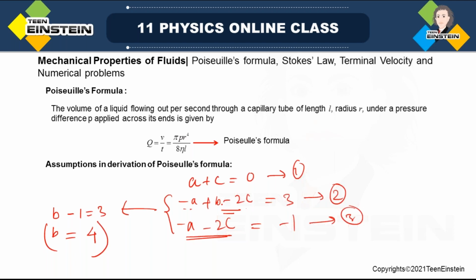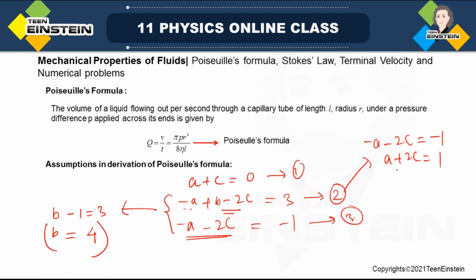If we put the b, then we'll get a relationship between a and c. From equation 2, b is 4, so minus a minus 2c is equal to minus 1. We can write that because b is 4, plus 4 will go to the right hand side as a minus. So we can write that a plus 2c is equal to 1.